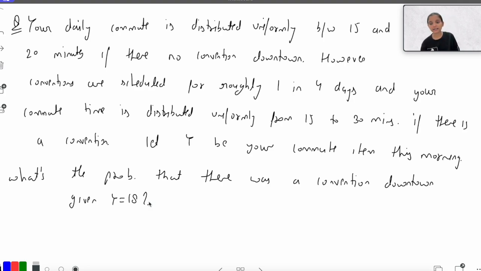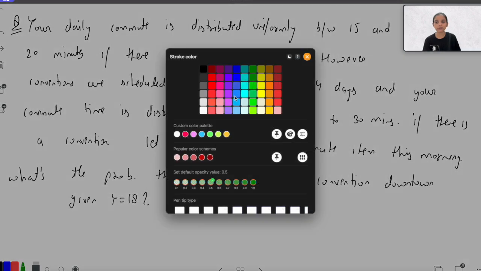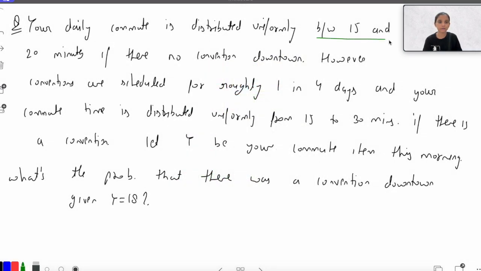Okay, firstly let's see the information that is given. They are saying your daily commute is distributed uniformly between 15 and 20 minutes when there is no convention downtown.